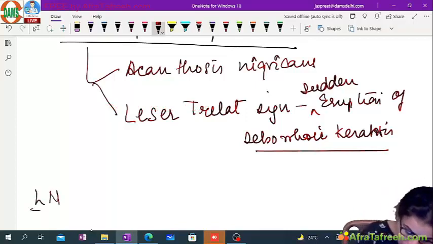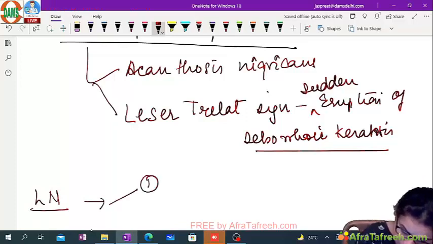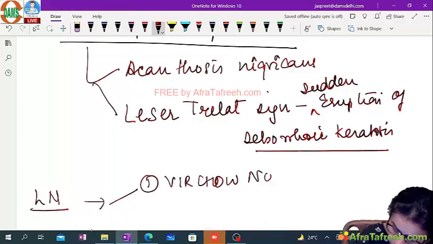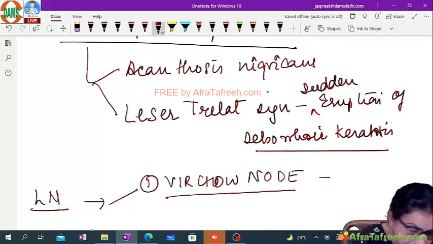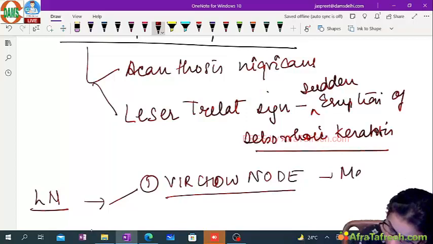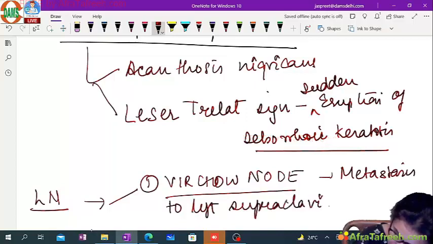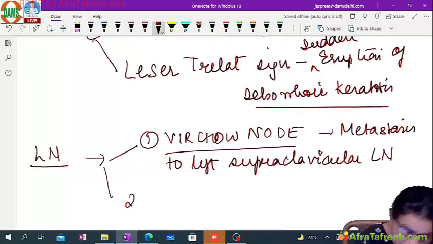First you have something called Virchow's node, V-I-R-C-H-O-W. What is Virchow's node? Metastasis to the left supraclavicular lymph node.